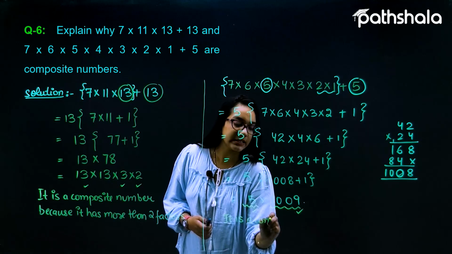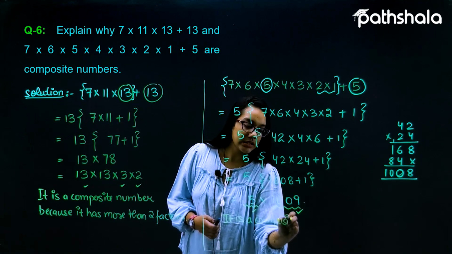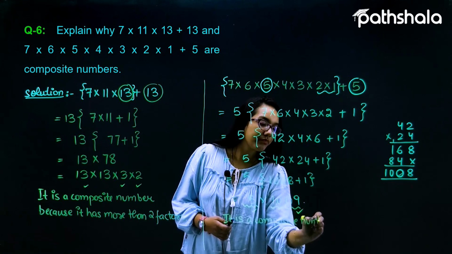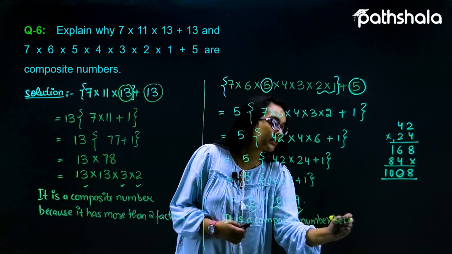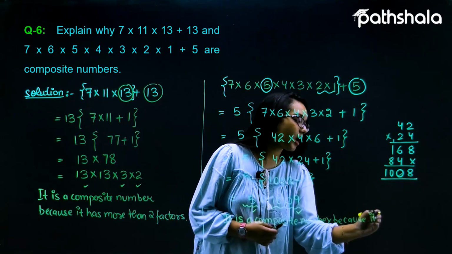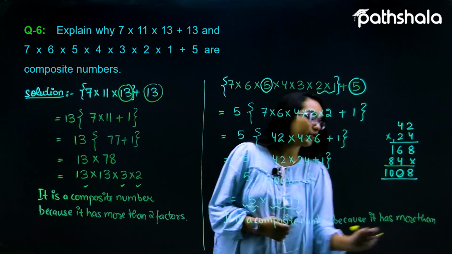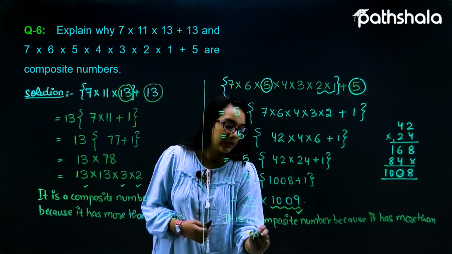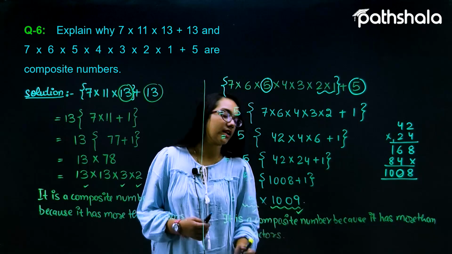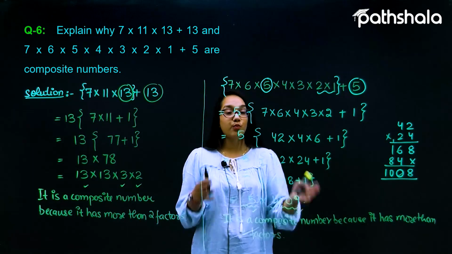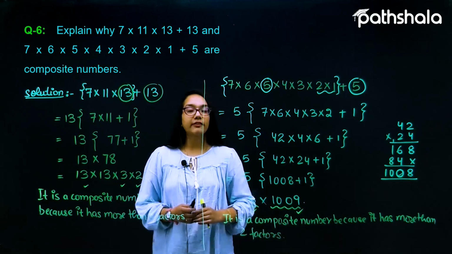The reason is the same: it has more than two factors. Those factors are 5, 1009, 1, and the number itself.